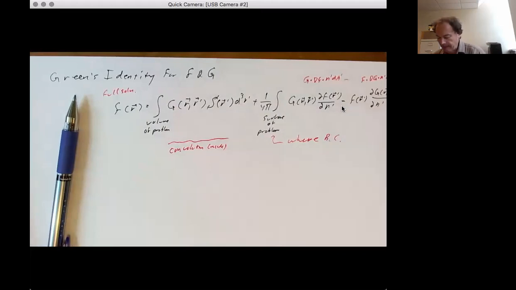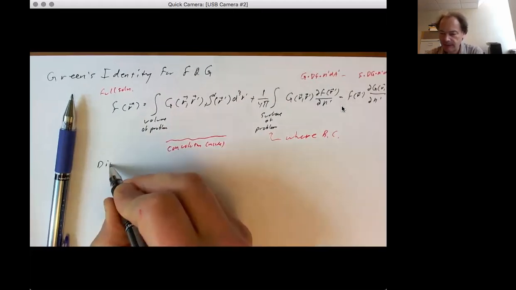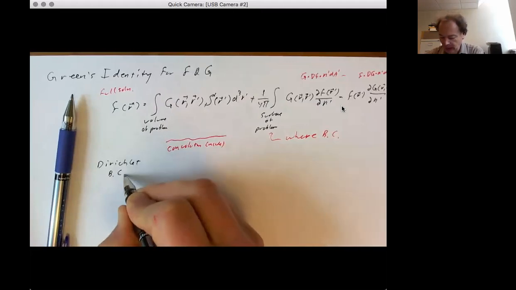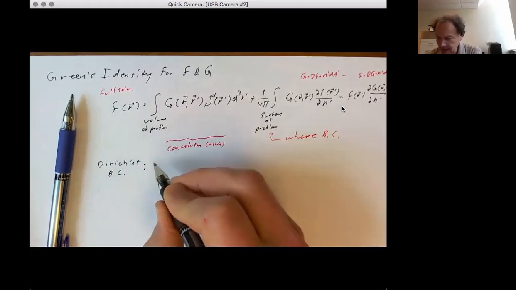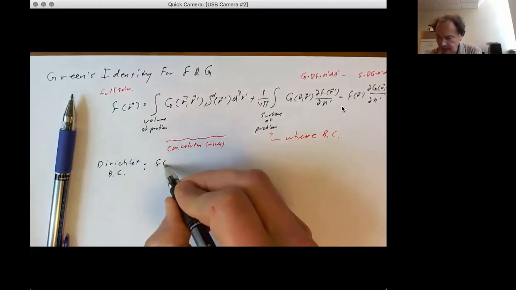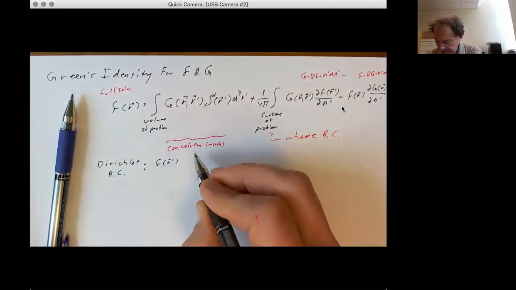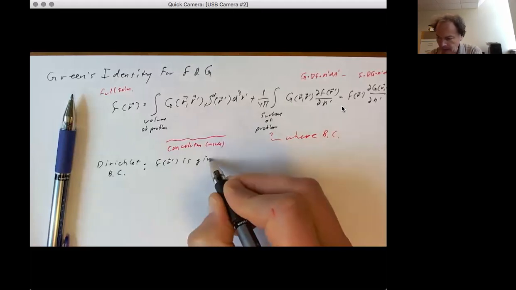So there are really two types of boundary conditions. There's the Dirichlet, and Dirichlet boundary condition means that f of r prime is given on the boundary.